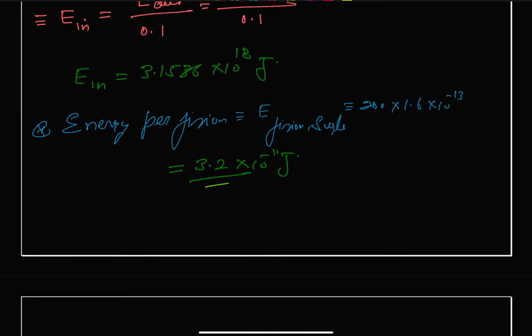So in a single fission we are able to get 3.2 into 10 to the power minus 11 joules.